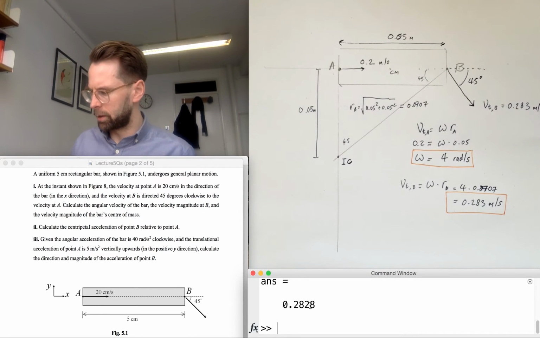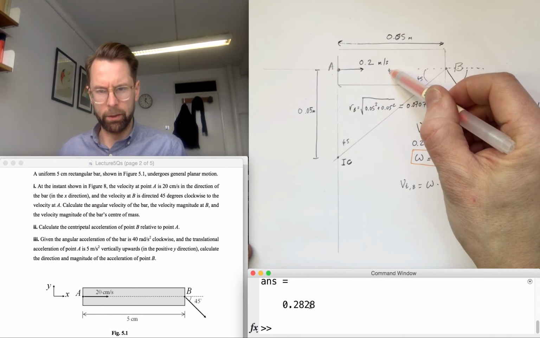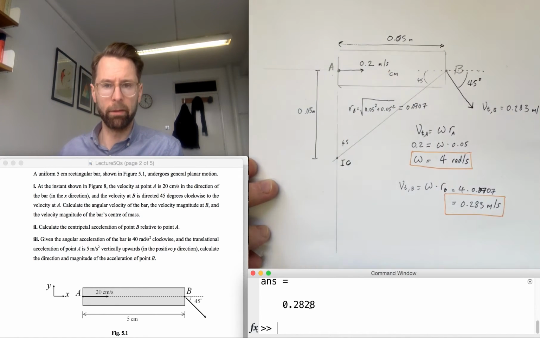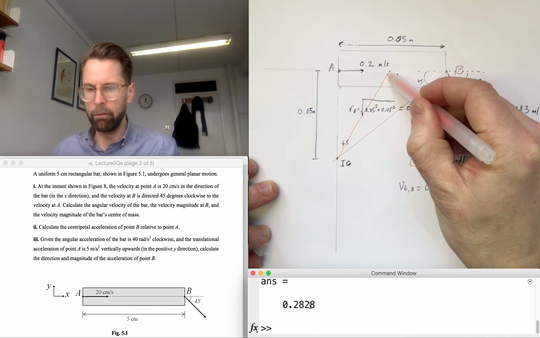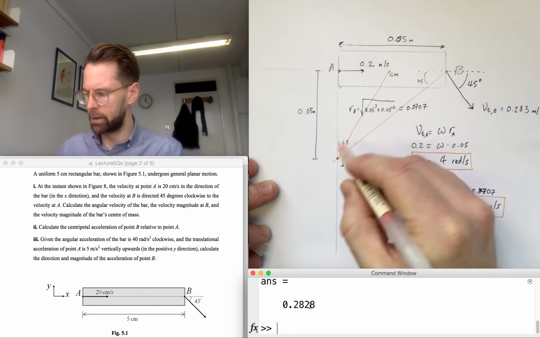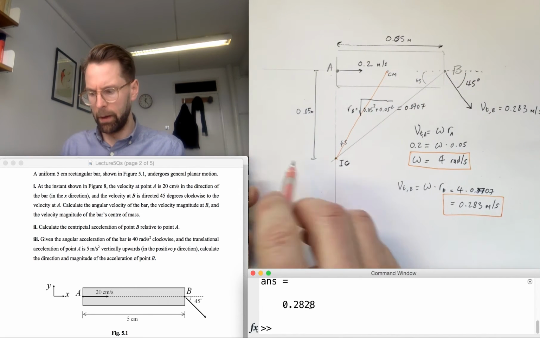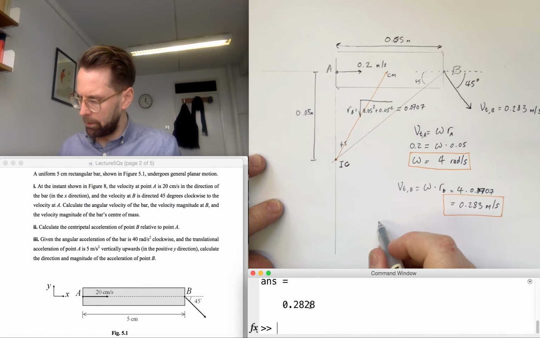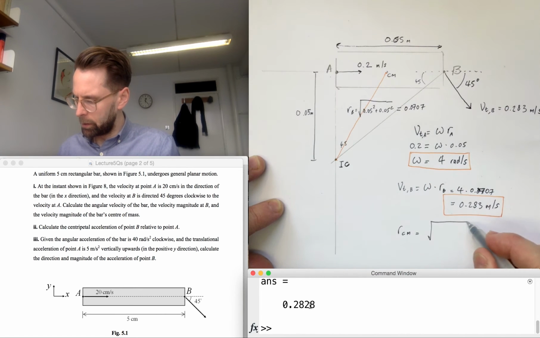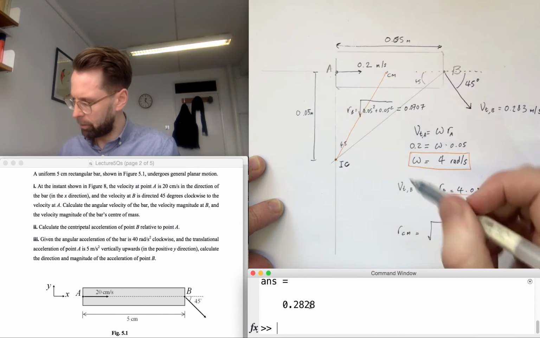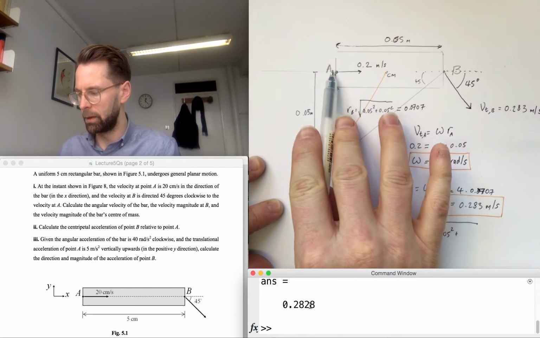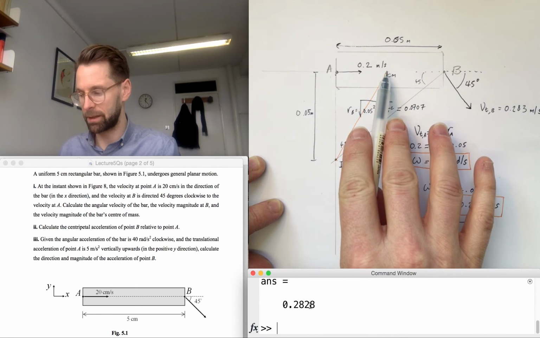So the third part asks for the velocity magnitude at the centre of mass, and that's really simple because it's the same angular velocity again, but we've just got a different value for r. So this length between the instantaneous centre and the centre of mass, RCM, is equal to, again using Pythagoras, this length is the same, but this length is half the length, 0.025, because this is where the centre of mass resides, halfway along.